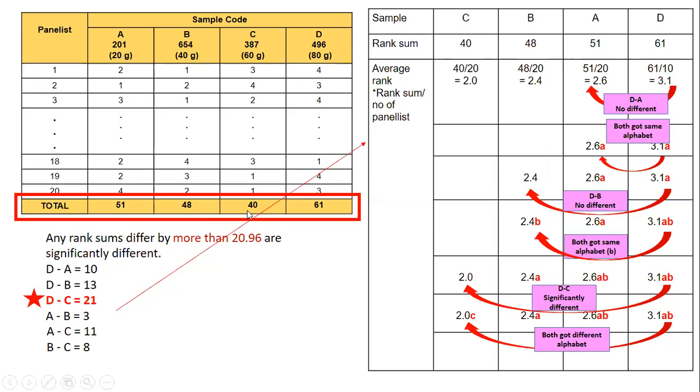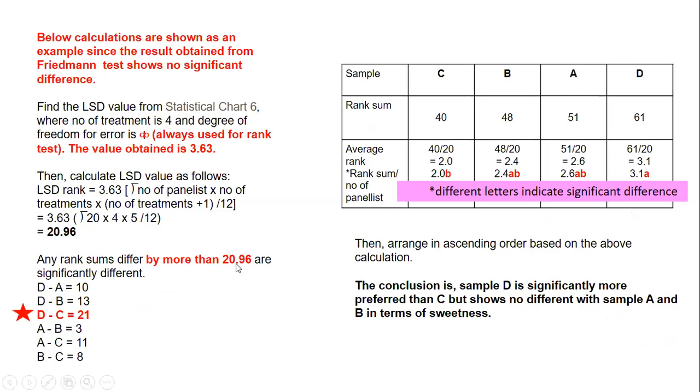Look at here. Just now you calculated the least significant difference. We are actually repeating the content that we learned in the hedonic test for more than two samples. If the difference here is bigger than the least significant difference, there is a significant difference.